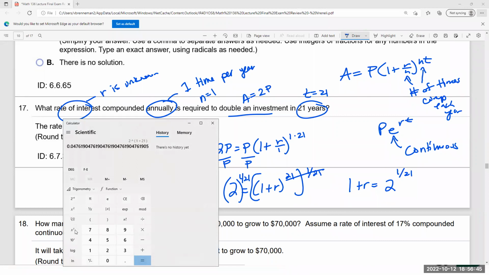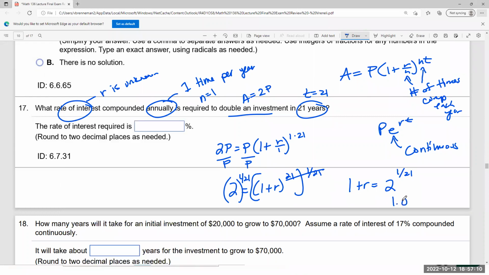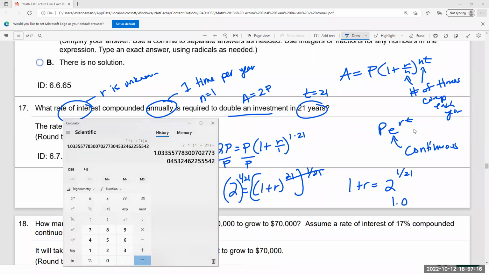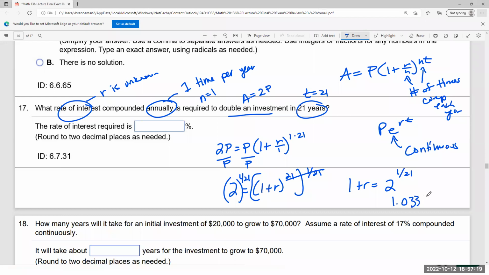So this comes out like that, should be something bigger than 1. So yeah, this is 1.033 thing. So that's the 1 plus r.